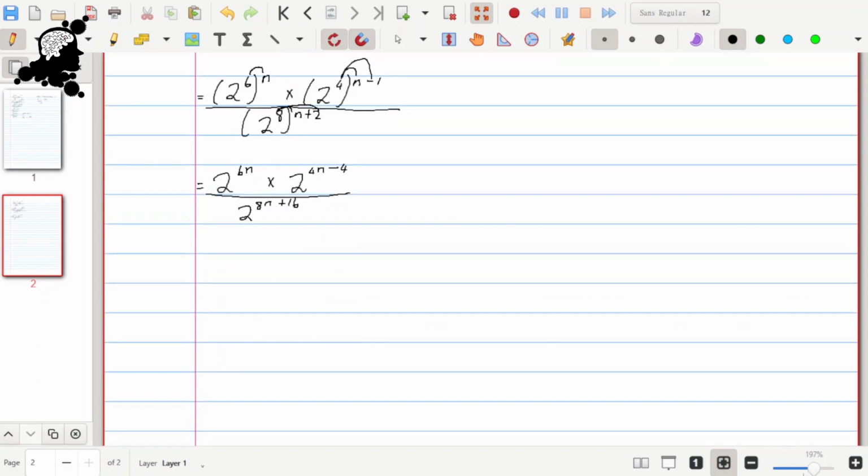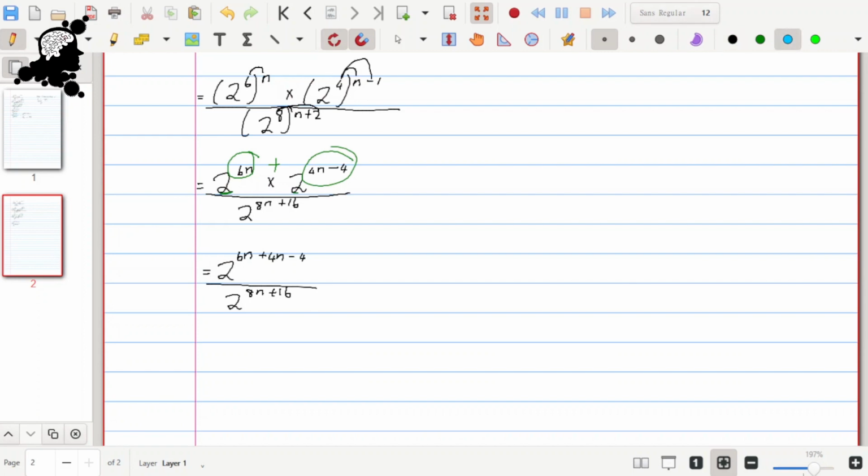So, moving right along, on top we are multiplying numbers of the same base. Since we are multiplying the 2's, we have to take the exponents and add them. So this is 2 to the power 6n plus 4n minus 4, divided by 2 to the power 8n plus 16.